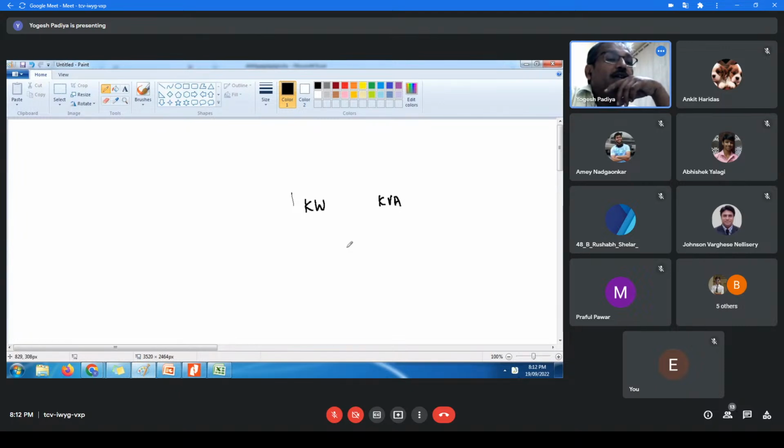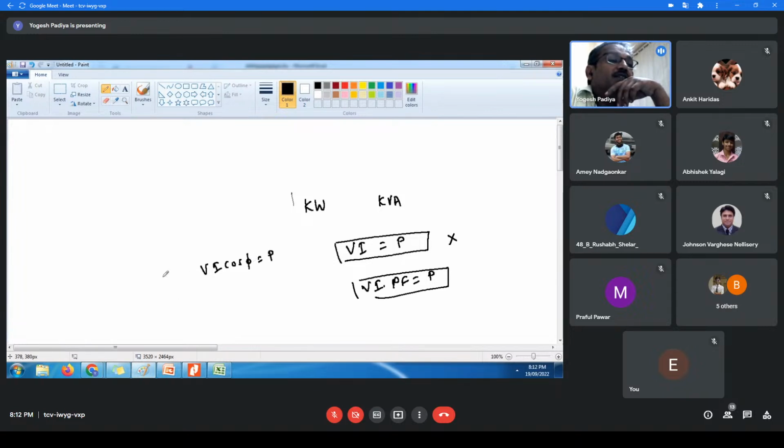We know that voltage into current is power, right? But this is wrong. Voltage into current into power factor is actually power. VI cos phi is power. In case of single phase, this equation applies.